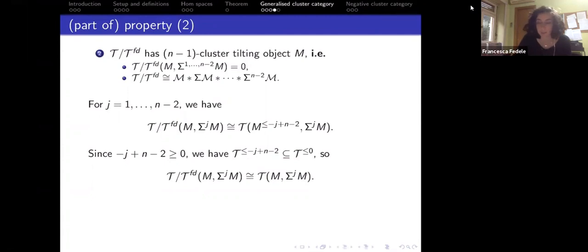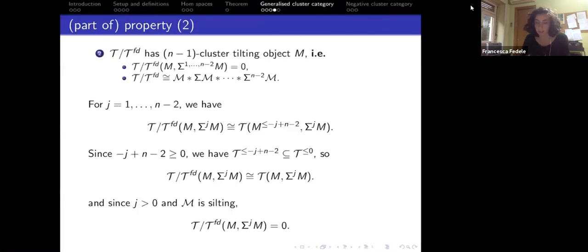And then again, by uniqueness of truncation triangles, we have that M less than or equal to minus j plus n minus 2 has to be isomorphic to M. This is over T, so we can substitute this with M, basically. Well, we get an isomorphism of this kind.